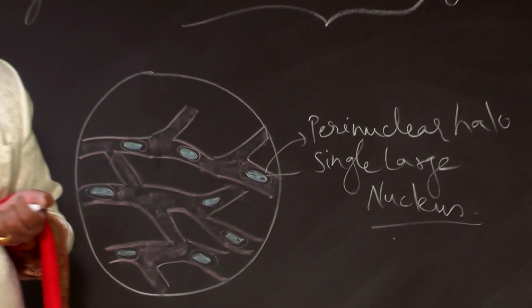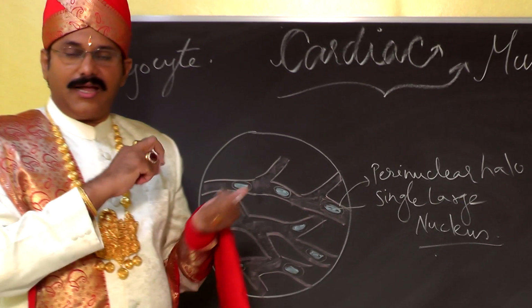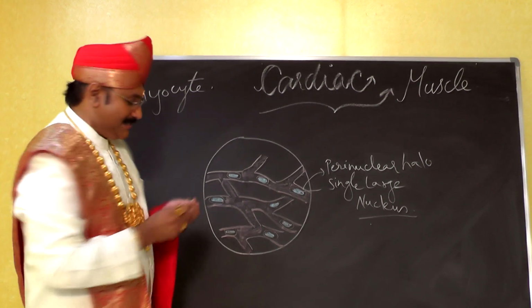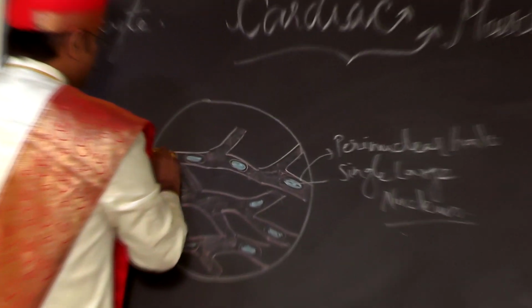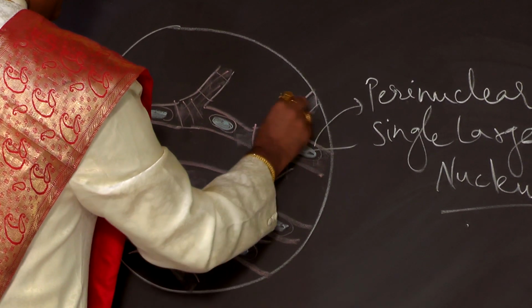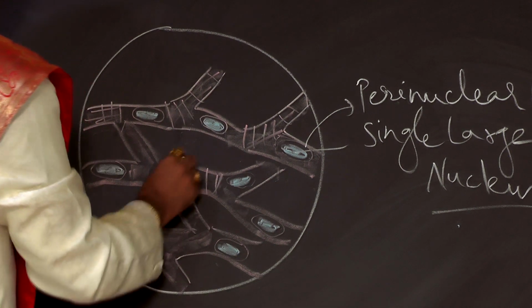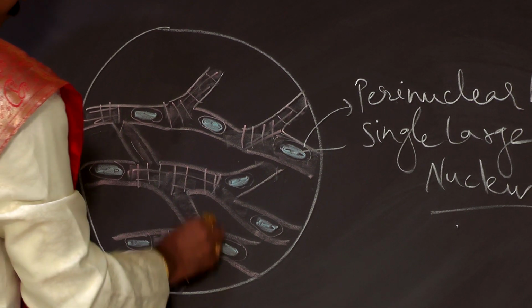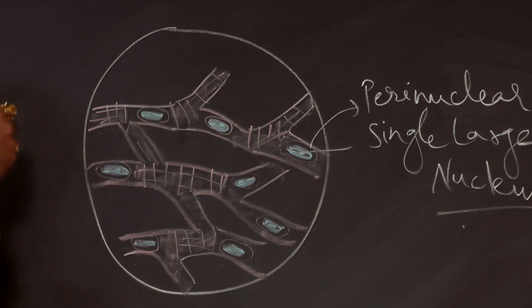Now coming to the property in which the cardiac muscle is similar to the skeletal muscle: it shows transverse striations. Very clearly you can see the transverse striations in a cardiac muscle.